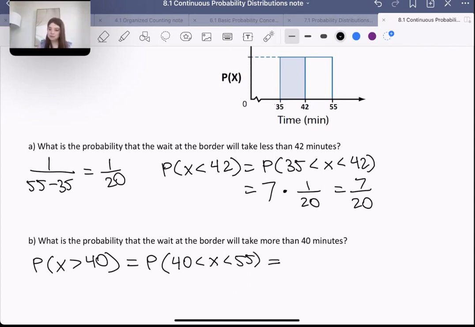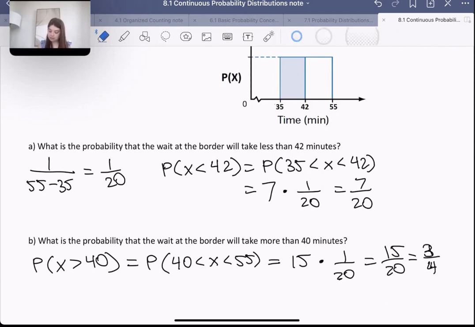So this is going to be 15 times 1 over 20, which is 15 over 20, which is 3/4, right? And that's going to be our answer.